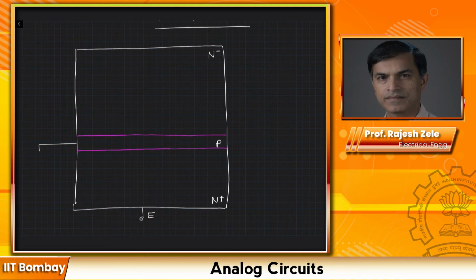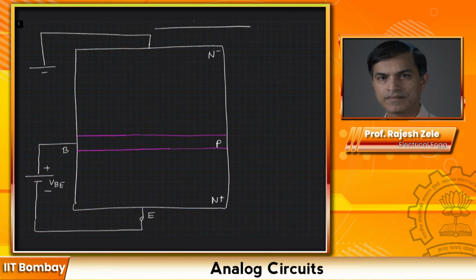So here this was forward biased, positive and negative, this way. So this is plus minus VBE, and you can see it's forward biased. The N minus P junction, which is the collector-base junction, is reverse biased. So we will put another battery here.